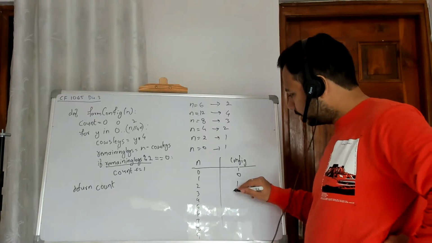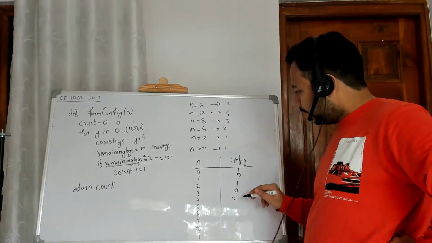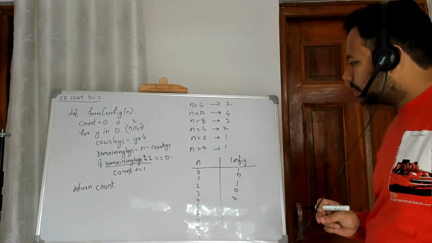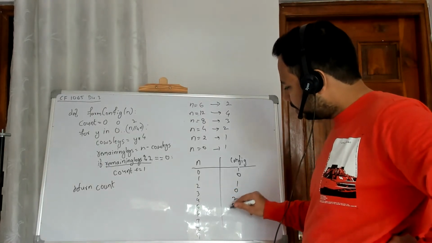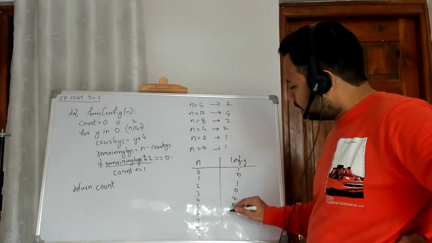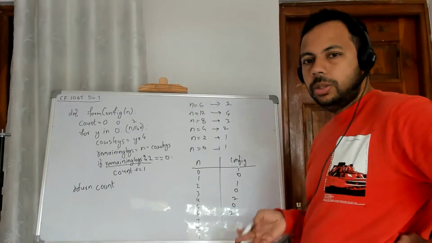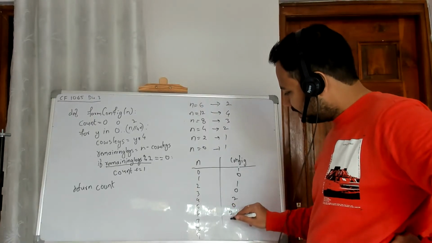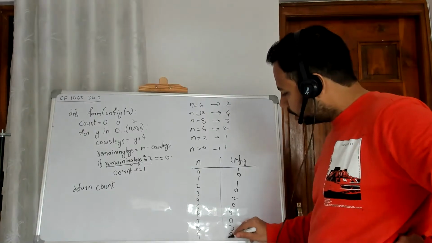For 3 this is 0. For 4 there are two combinations, either two hens or one cow and 0 hens. For 5 there is 0 combination. For 6 there are two combinations, either you can have one or 0 cows. Then 7 is 0 combination, 8 is 3 combinations, 9 is 0 combination.